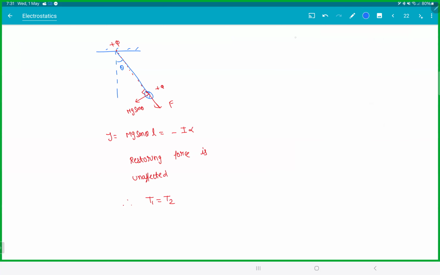And in the third case, this guy will repel. This will be mg sin theta. So exact values we don't know, but yes, the restoring force is less.